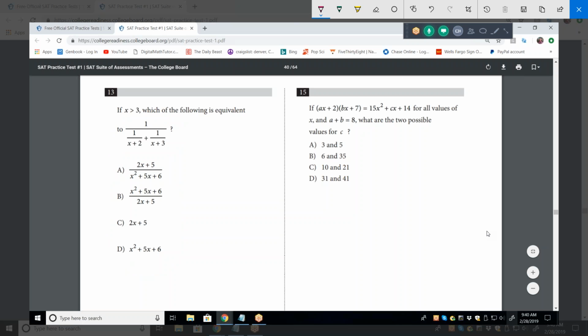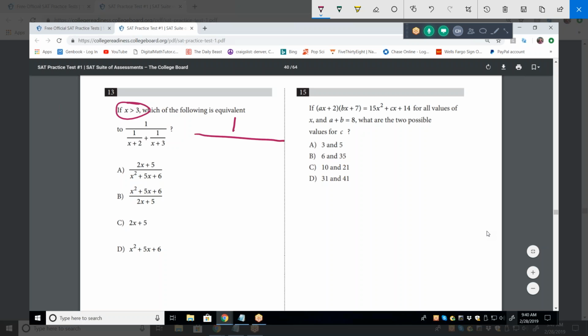And the lowest numbers are always better because it makes the math easy. Now, normally I tell people, well, x has to be greater than 3, so at a minimum, we have to pick 4. So let's see what happens if we let x be 4.